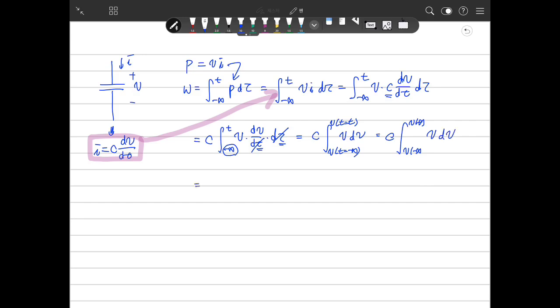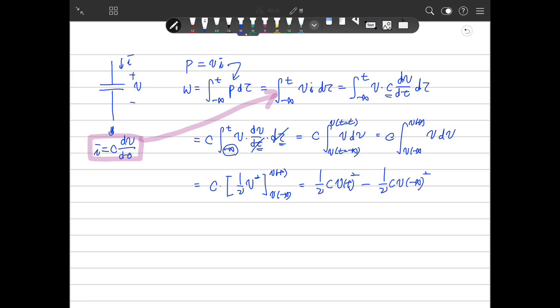So there will be C times 1/2 v squared, from v of minus infinity to v of t. So it is 1/2 C v(t) squared minus 1/2 C v(minus infinity) squared.